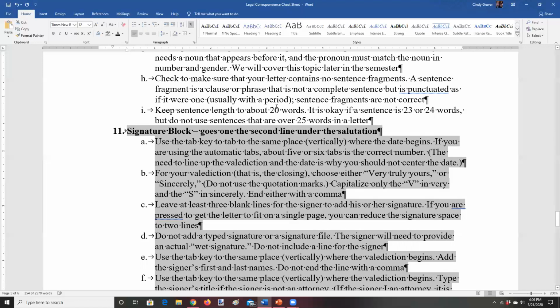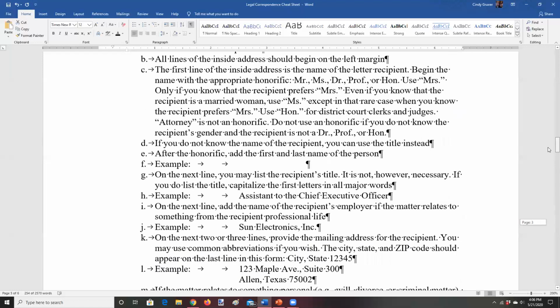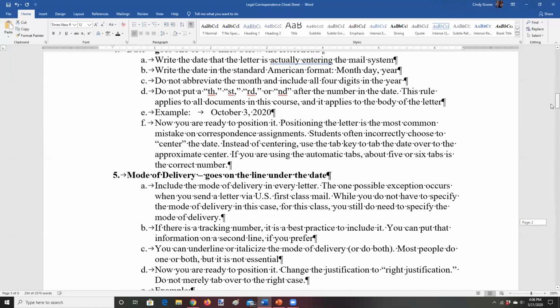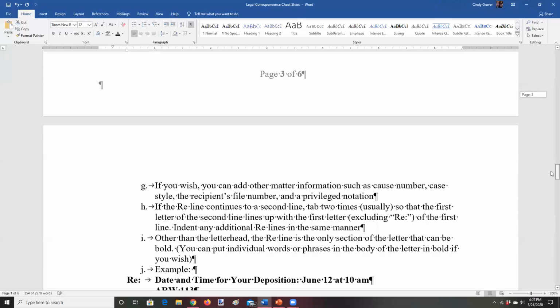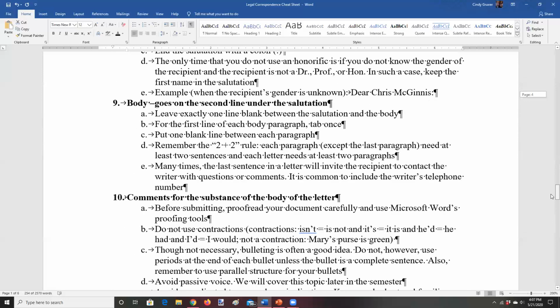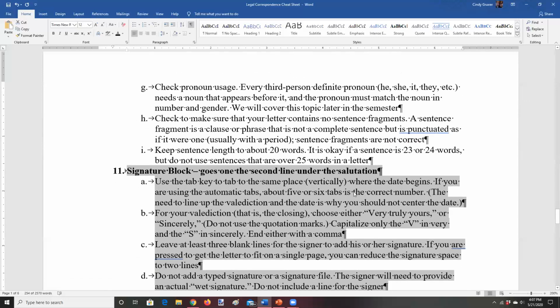So now I said at the beginning when we were talking about setting up the date that there was a reason that we weren't hitting the center button, that we were going to tab over to the approximate center. Well, now I'm ready to do the great reveal. I hope you've been able to sleep at night wondering what the big reveal is. So here it goes. We want the first letter in our date. Let's imagine the date is January 14, 2021.